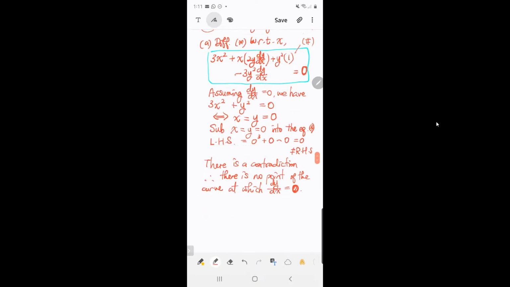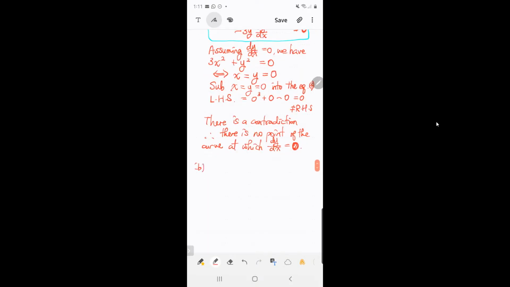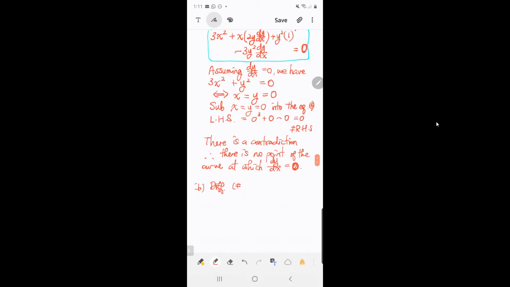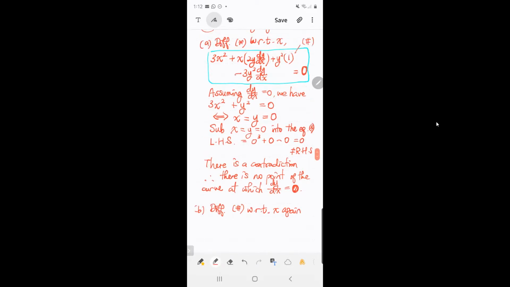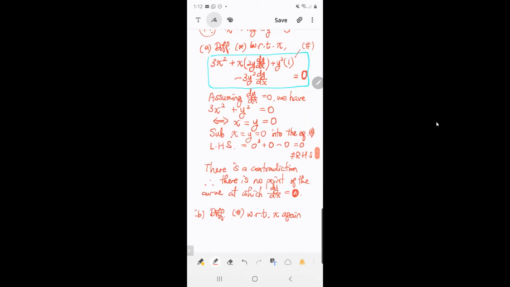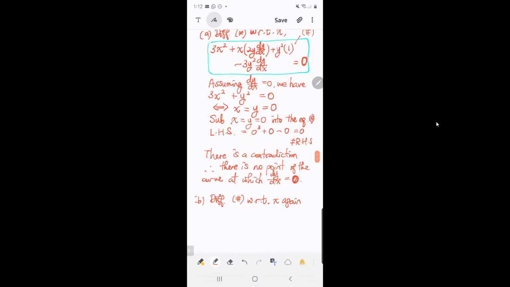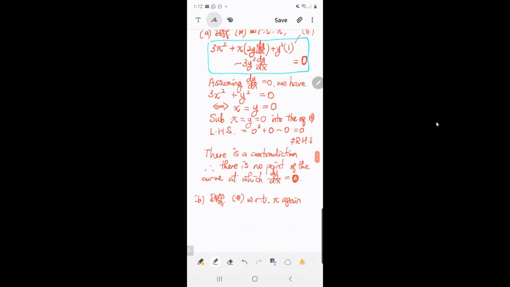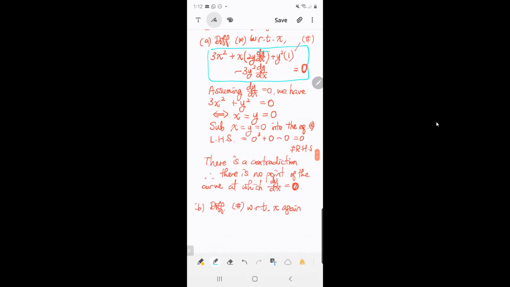So you can continue by differentiating equation hash with respect to x again. For this part, you have to be careful because you have 3x squared, positive 2xy dy dx plus y squared, then minus 3y squared dy dx. You got this common term dy dx here.